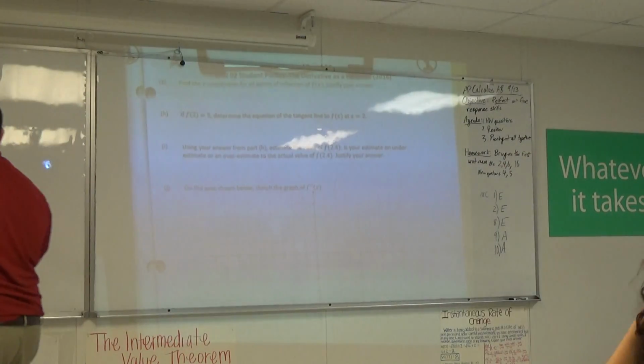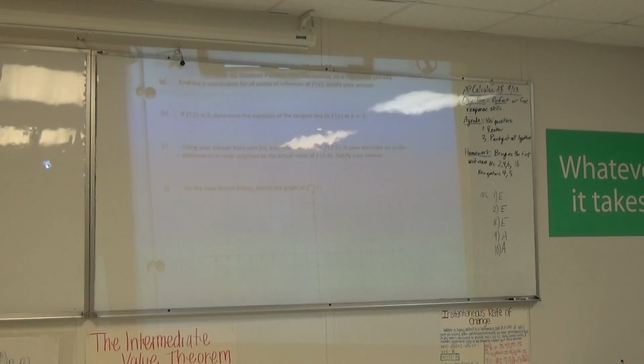Alrighty, friends. So for part G, F has a POI. What do we know about F prime? Andrew, what do you know about F prime? If F has a point of inflection, go back to the gold sheet if you need to.